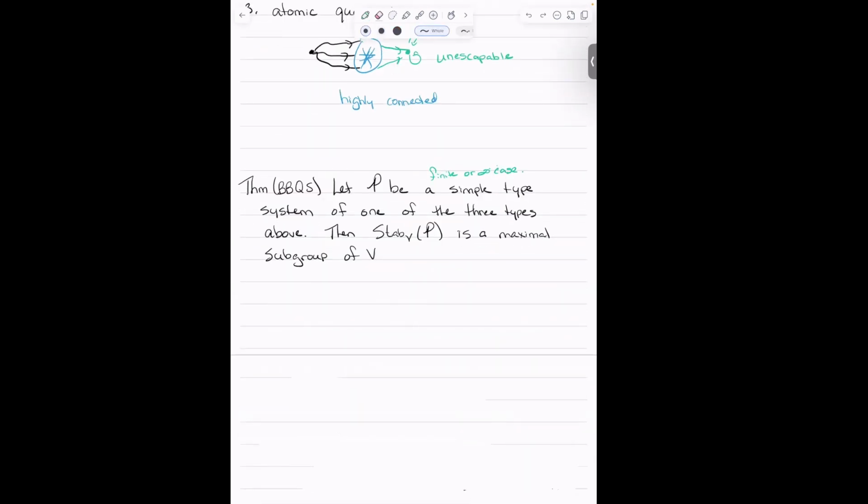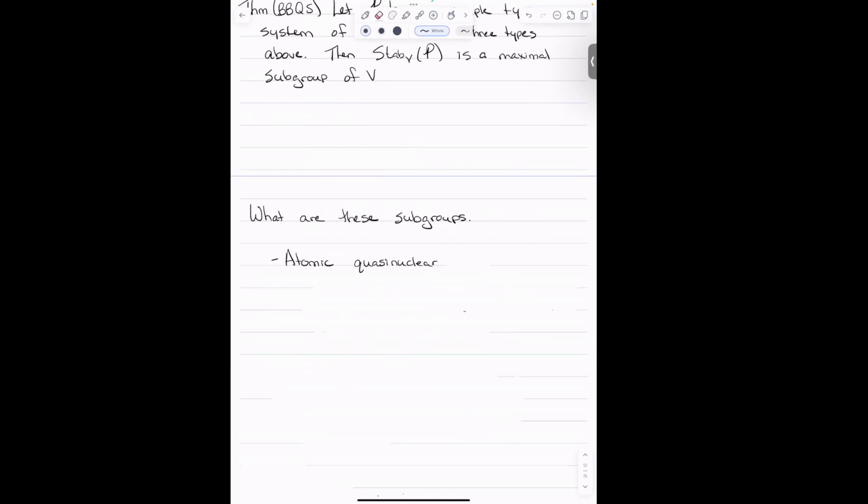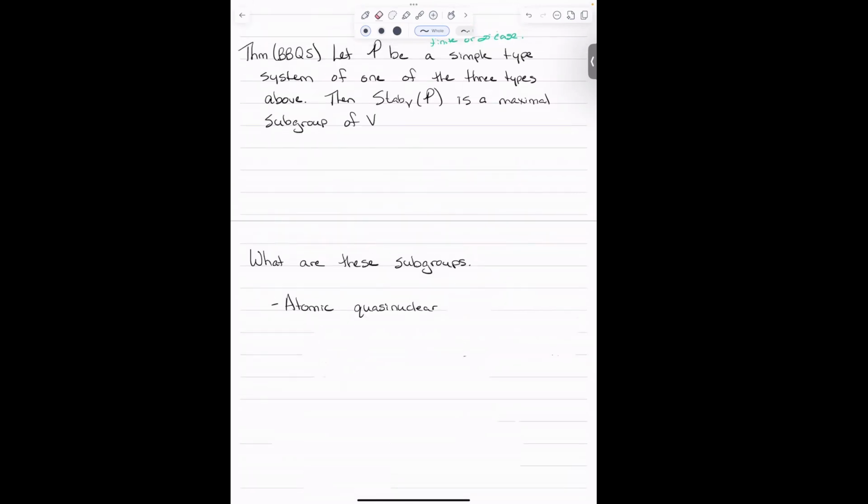All right, but in each of these cases, we can actually say something about what these subgroups of V look like. So, in the atomic quasi-nuclear case, I'm working now backwards in the theorem just because it's easier to look at these here.